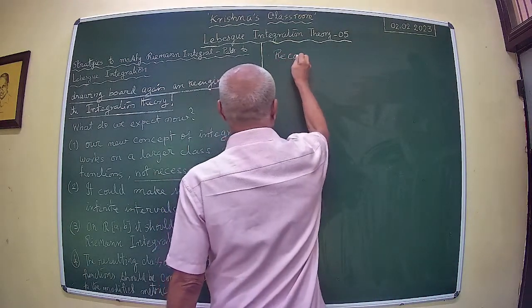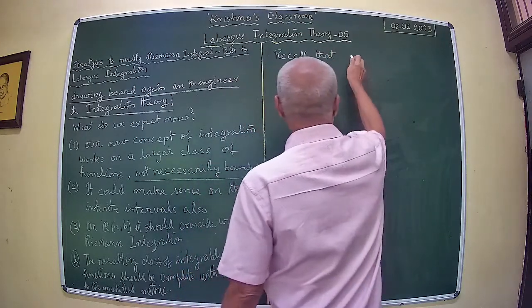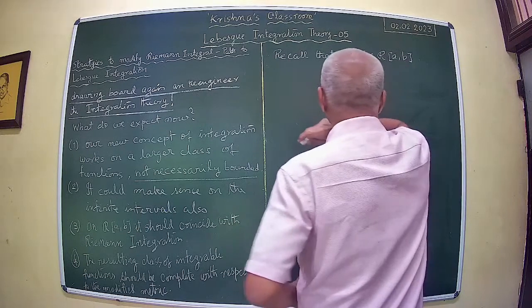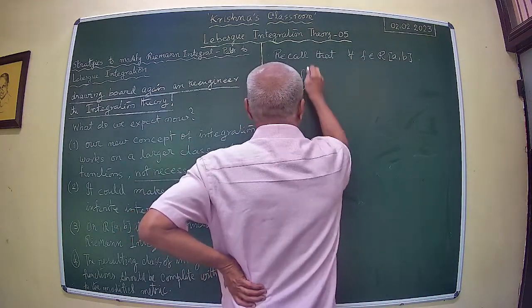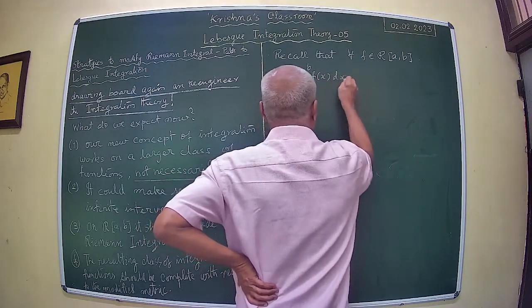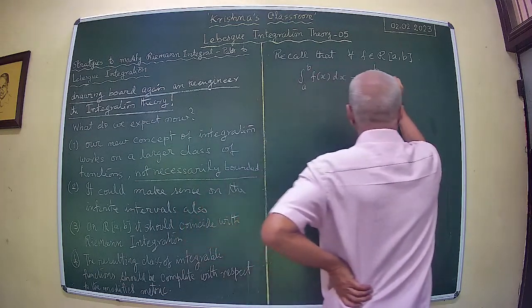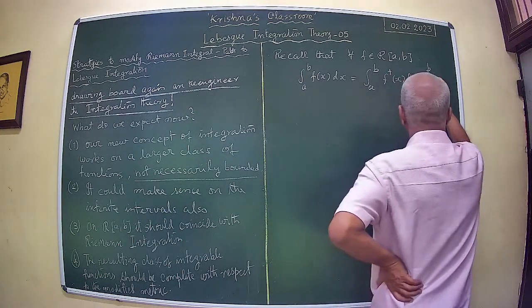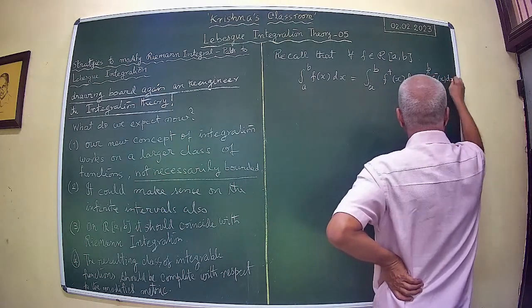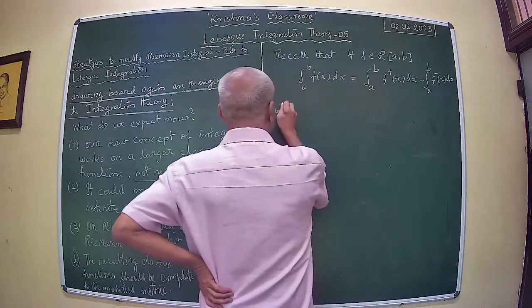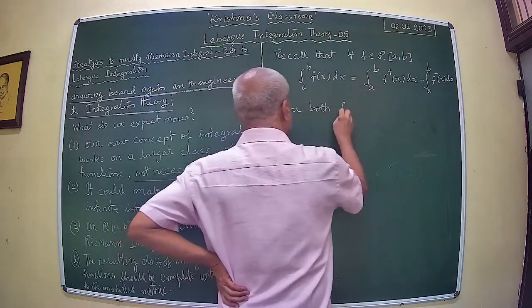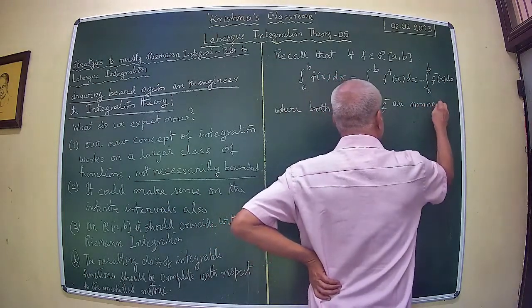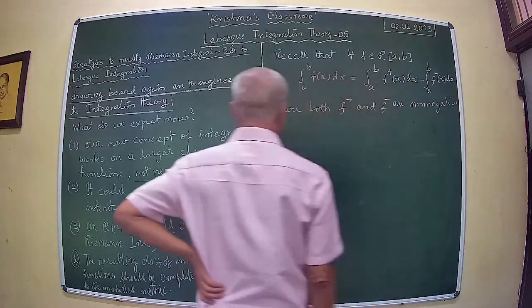Recall that for every f belonging to R[a,b], the Riemann integral from a to b of f is the integral of f plus minus the integral of f minus, where both f plus and f minus are non-negative functions.